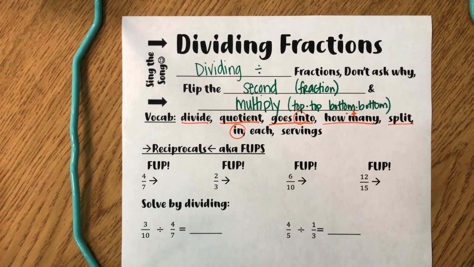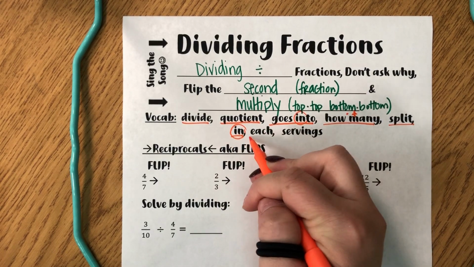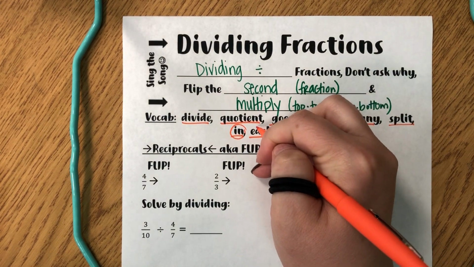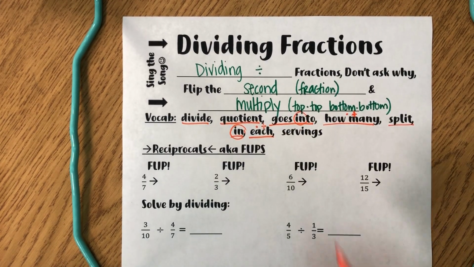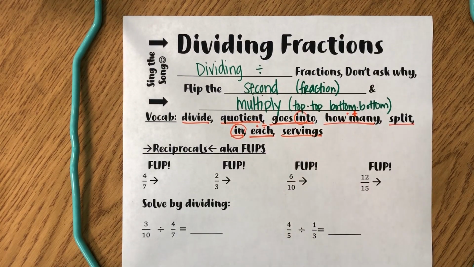Split is a good one. "Each" is a good one too, but again, it is both multiply and divide, so you have to be careful. And then servings. Those are just some of the vocabulary words that we are going to use to identify a division problem.